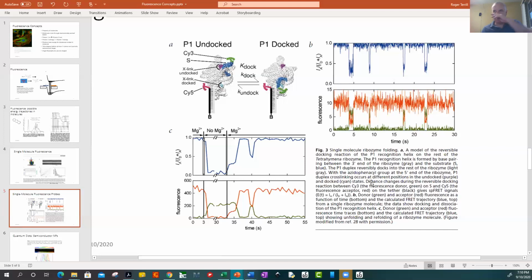So basically, the duplex cross-linking occurs at different positions. Whatever. Distance changes during the reversible docking between Cy3, the fluorescence donor, on S and Cy5, the fluorescence acceptor, it's red on the tether.